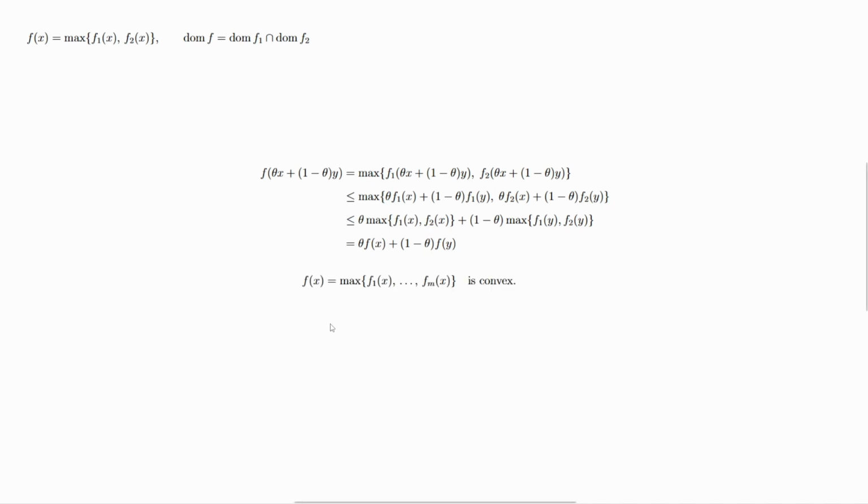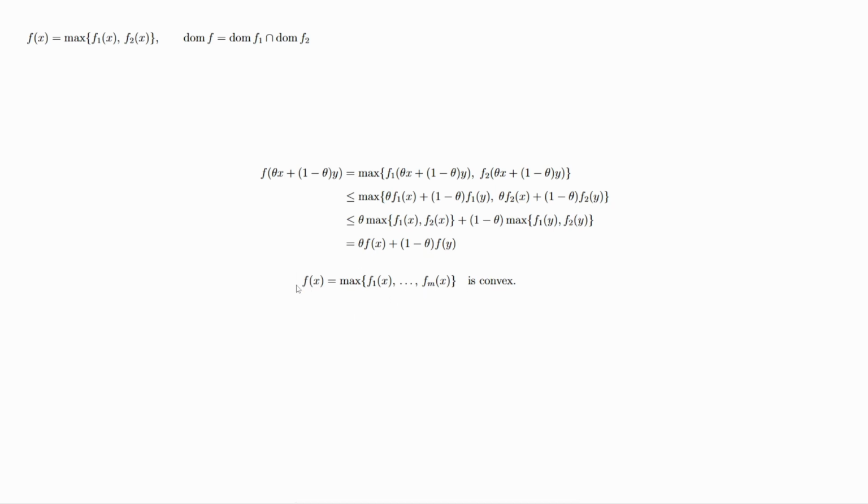This immediately extends to any arbitrary number of functions, so f1 through fm in this case. You just take the max, and as long as all these functions f1 through fm are convex, then f is convex as well. Visually, this should make intuitive sense.